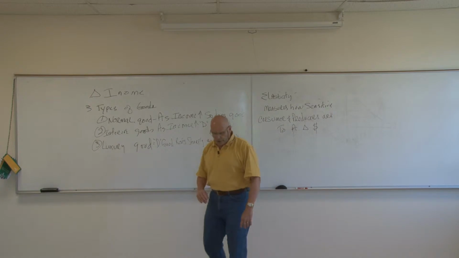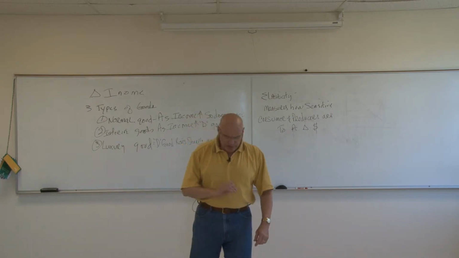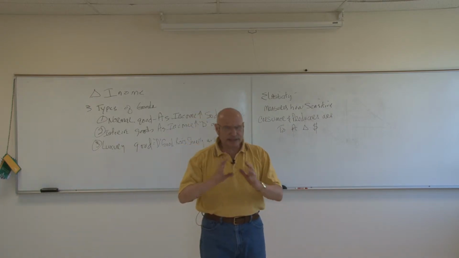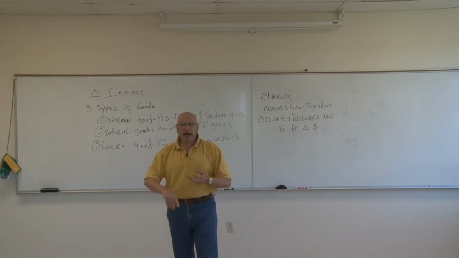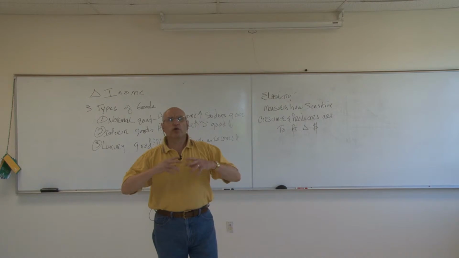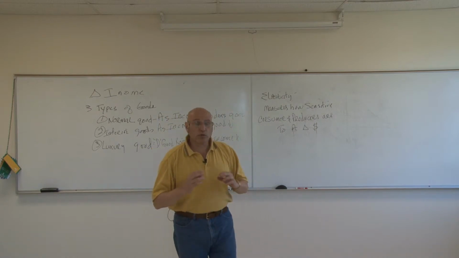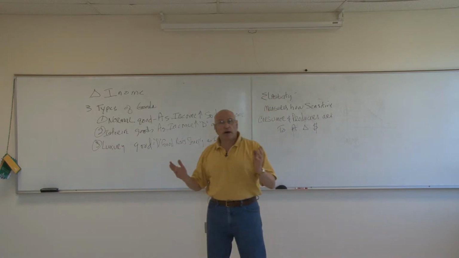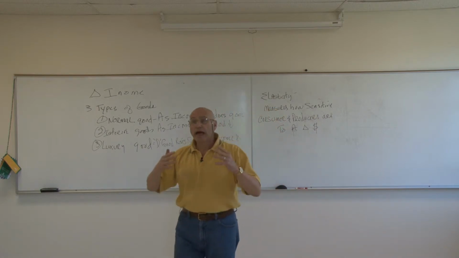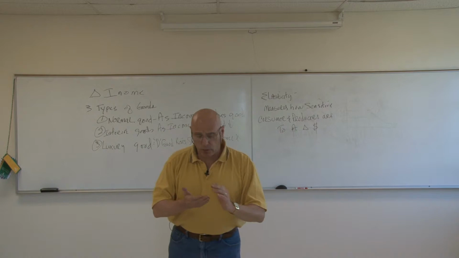Let's take a look at an inferior good. Right now, in this stage of your life, you might be starting a family, you might have a house, you have education. So your expenses are relatively high, and it might take all of your income to support you and your family should you have one.